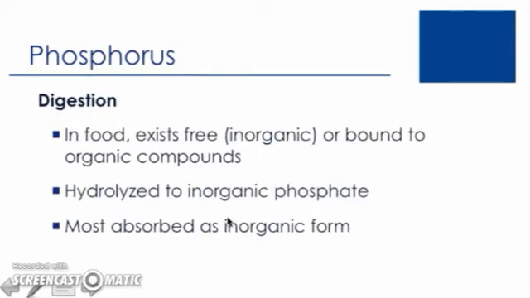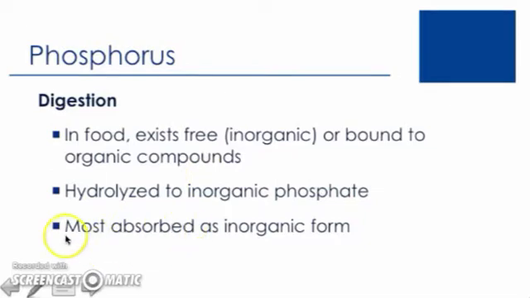We see here the characteristics of the digestion of phosphorus. So when consumed in food products, phosphorus exists either in its free form, so inorganic, or bound to organic compounds. The phosphorus in food that is bound to organic compounds must be hydrolyzed to free the phosphate and allow its existence in the inorganic free form.